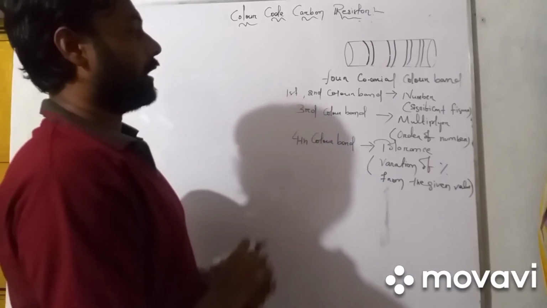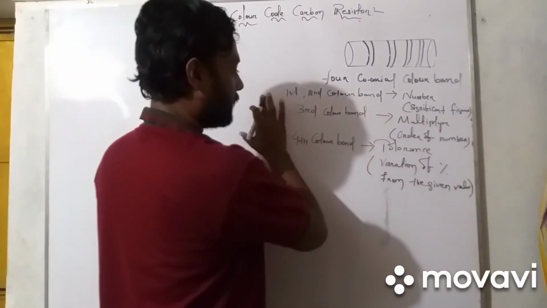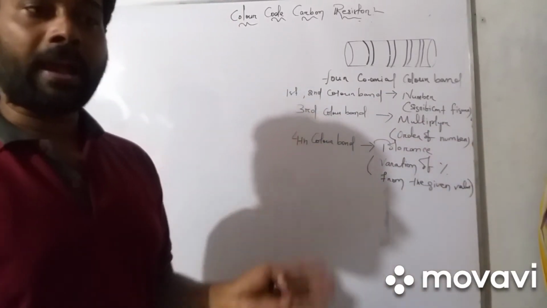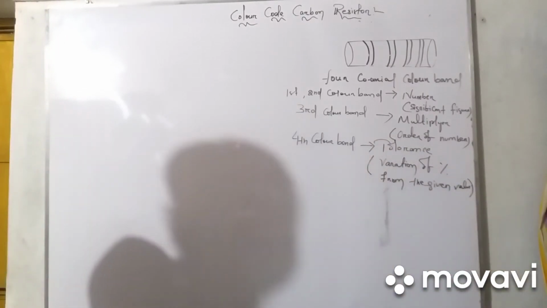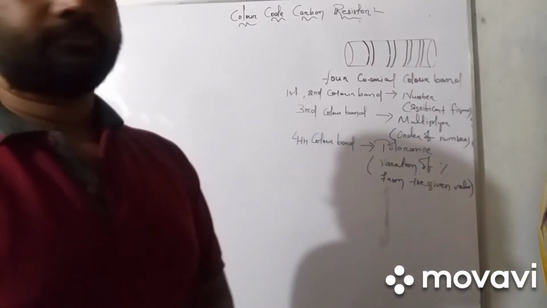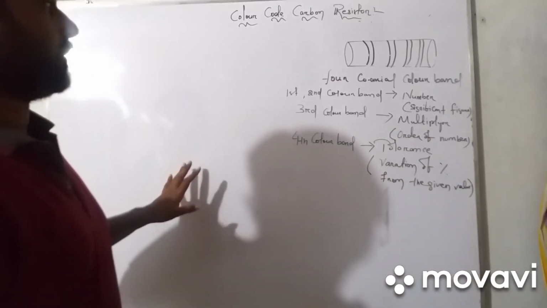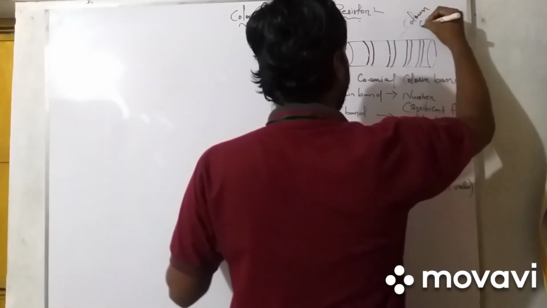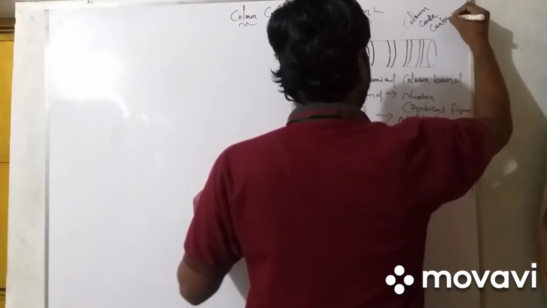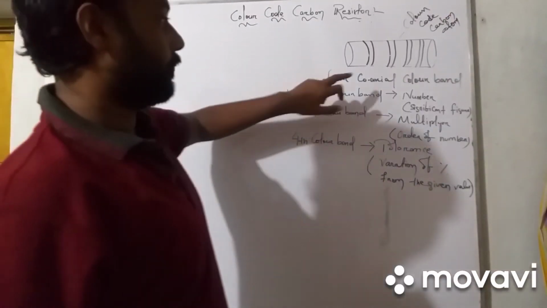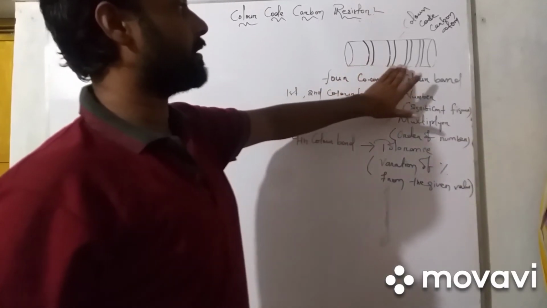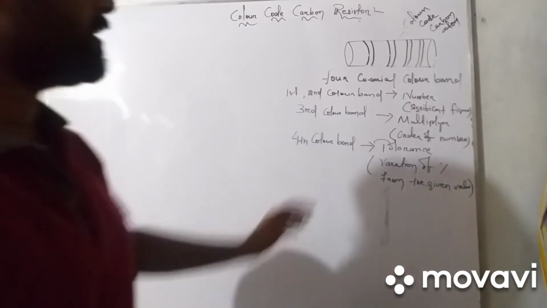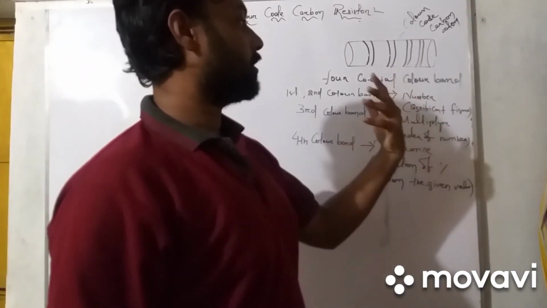That number, multiplier and tolerance are represented in a tabular form. Please note it. So in a color code carbon resistor, 4 colors are represented. The first 2 color bands represent the number, that means significant figures.